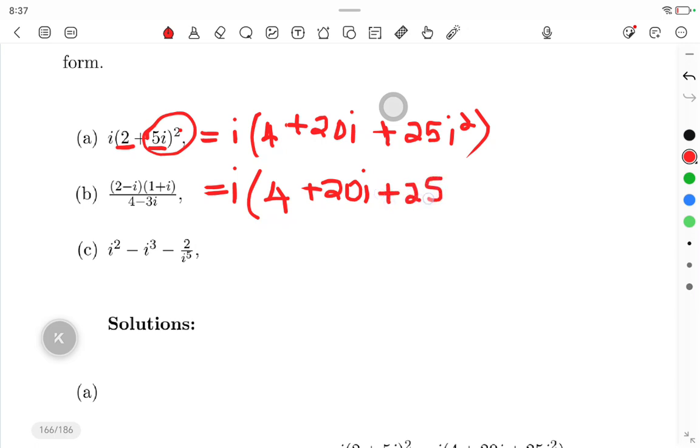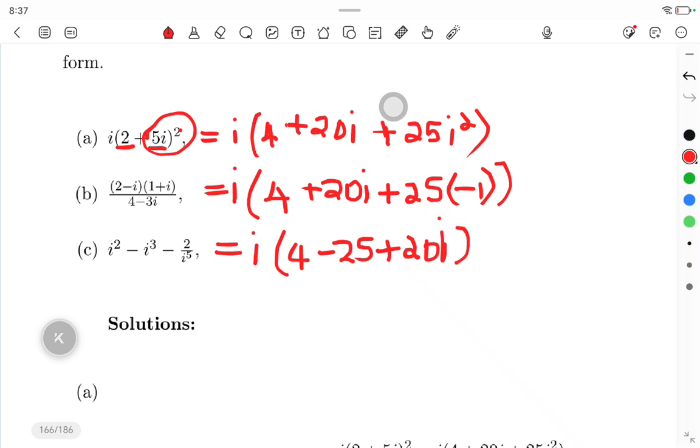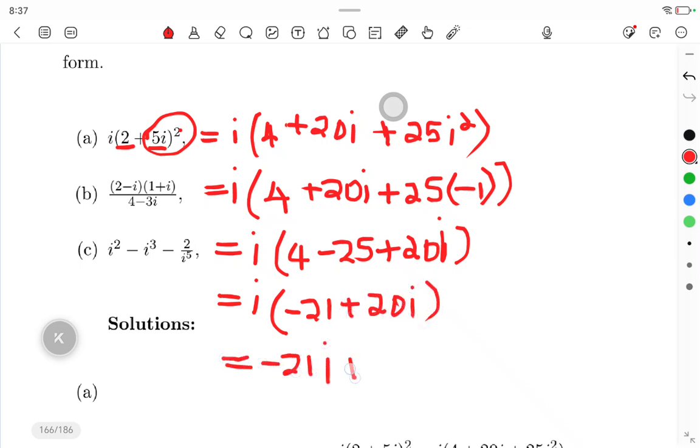Then here I was going to get minus 21i plus 20i squared. And already, if it's minus 21i plus 20i squared, I squared we know is equal to minus 1, then you're going to get minus 21i. You see, right? If you just plug minus 1 there.